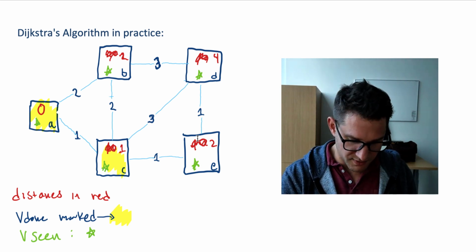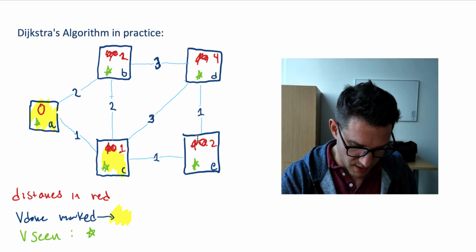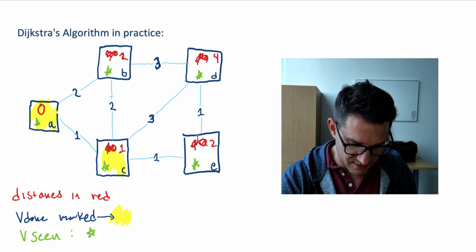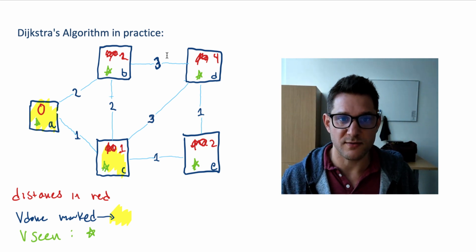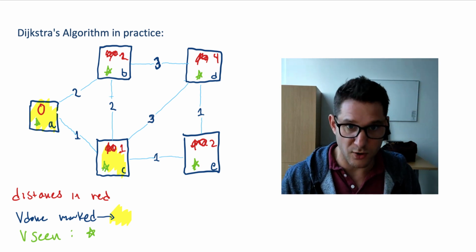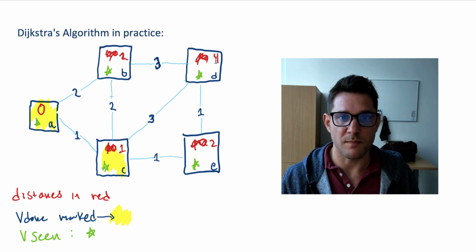And we ask ourselves, is the distance from B to the root, which is currently estimated as 2, plus 3, which is the weight of the edge from B to D, so 5, better than 4, 4 being the current estimate of the distance for D?